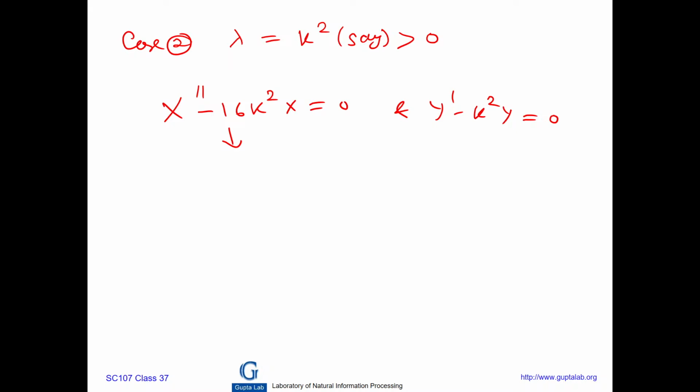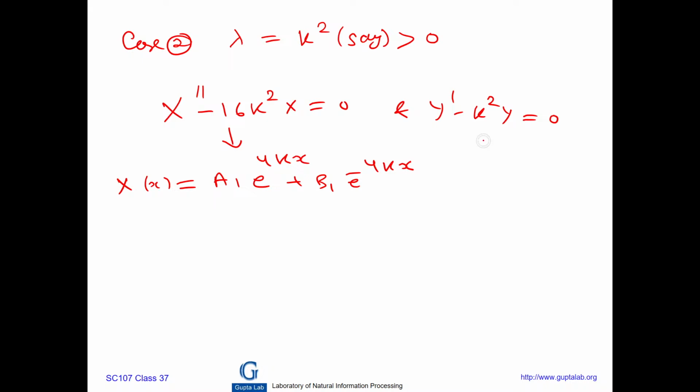You know how to solve it. I am writing the solution right away directly: a1 times e raised to power 4kx plus b1 times e raised to power minus 4kx. Find the auxiliary equation, find the roots, they are real and distinct, so that is how the solution comes out.